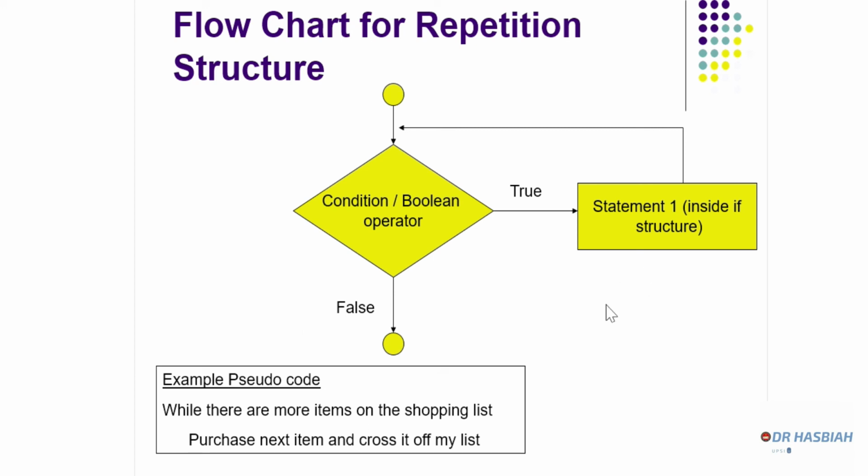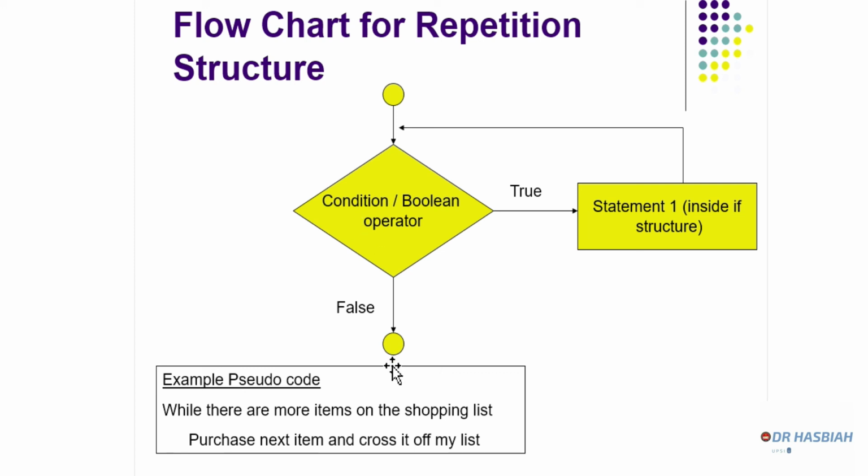For example, I give a daily life example. Let's say you shampoo your hair, then you want to rinse your hair. You have to check: is it clean or not? It's not clean, so you have to rinse again until you get the hair clean.